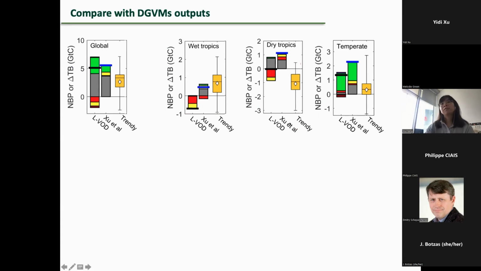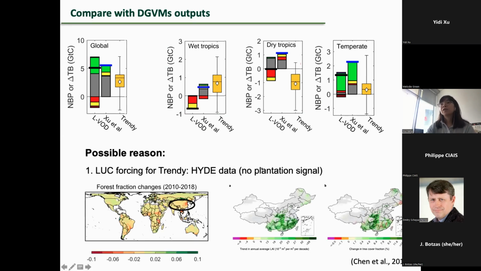There are a lot of possible reasons. In the temperate region, models don't consider the plantation signal in the land use forcing. We see that in South China the forest coverage decreases in the model, but from the satellite data we see a clear significant increase in LAI and in forest coverage in this region.